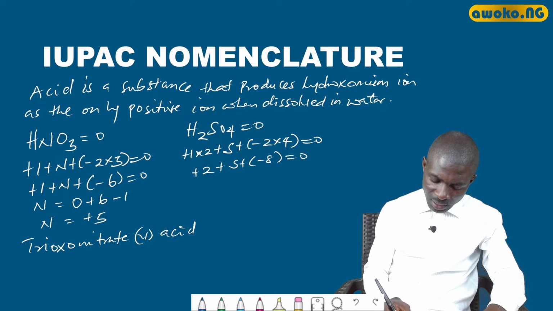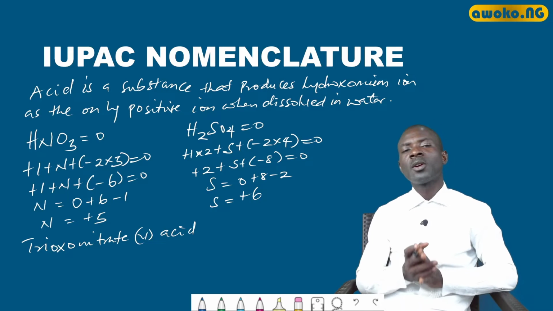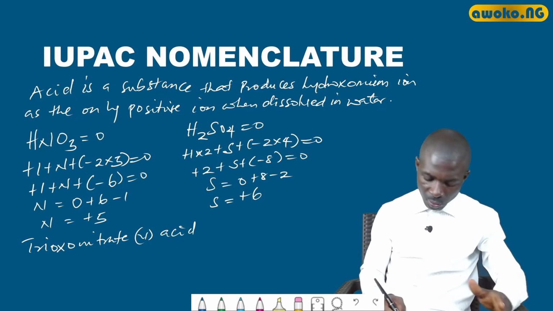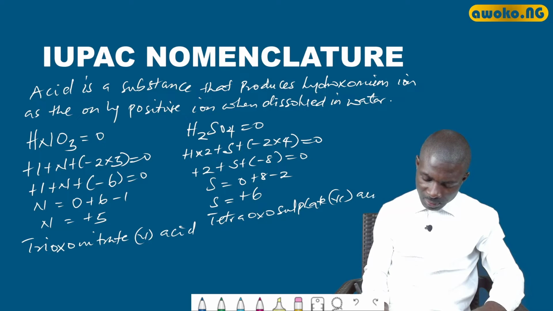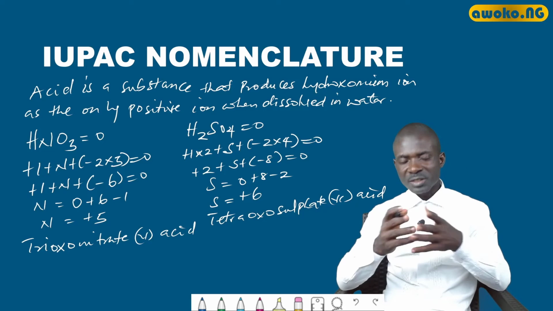Making S the subject of the formula, S is equal to 0 plus 8 minus 2. So S is equal to +6. So the name of the acid can be called tetraoxosulfate(VI) acid. Wow, that is very interesting.